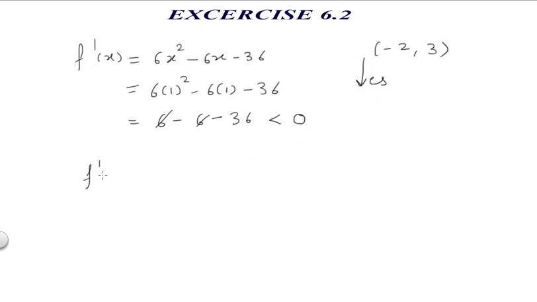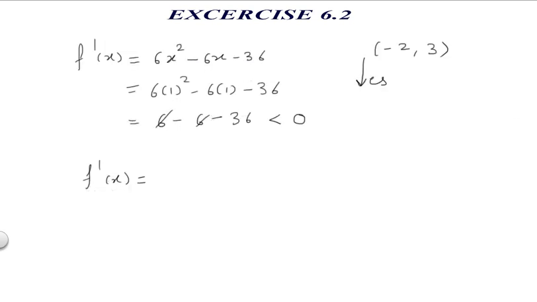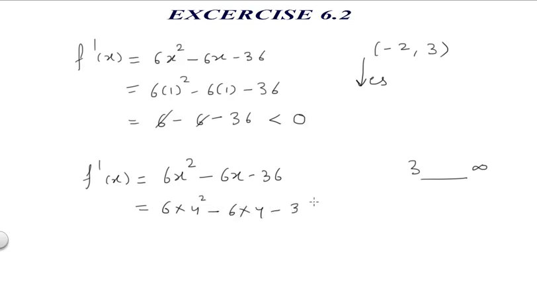In the third case, which is 3 to infinity now. Just look, 3 to infinity. So we will again place any value from 3 to infinity in the function 6x square minus 6x minus 36. So from 3 to infinity we can take any. Let us take 4 or 5 or anything. So let us take 4. 6 into 4 square minus 6 into 4 minus 36.